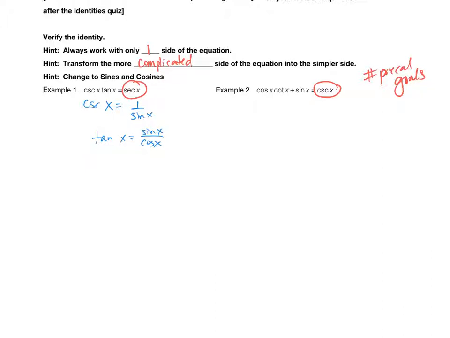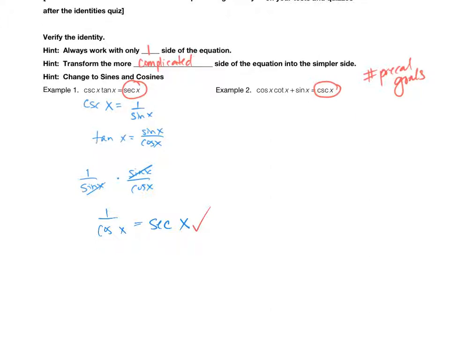So when I combine those into 1 over the sine of x times sine of x over cosine of x, we can now see that sine of x cancels. And so we are left with the left side of this equation being 1 over cosine x, which is the same thing as secant x, which was our goal, so we're done.